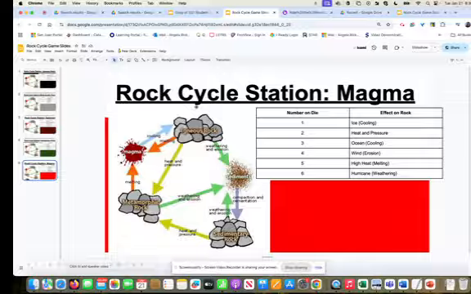Let's say I roll again and then I get wind and erosion. Magma is liquid rock buried way underground. So how would wind and erosion affect magma? Well, wind could be blowing away the surface above ground through 200,000 years of erosion, which would make a volcanic eruption more likely.